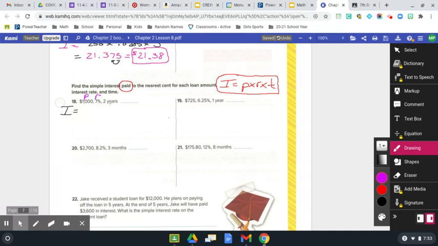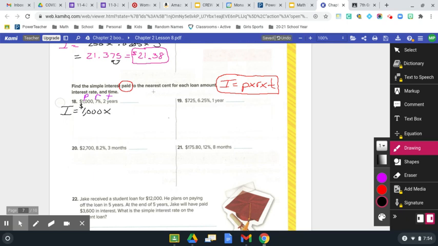And then we talked about time in years. And so this is going to be a loan that you take out for 2 years. So we need to see how much interest you are going to have to pay back on this loan after 2 years of time. So we are going to start off with the principal, 1,000, times the rate as a percent.